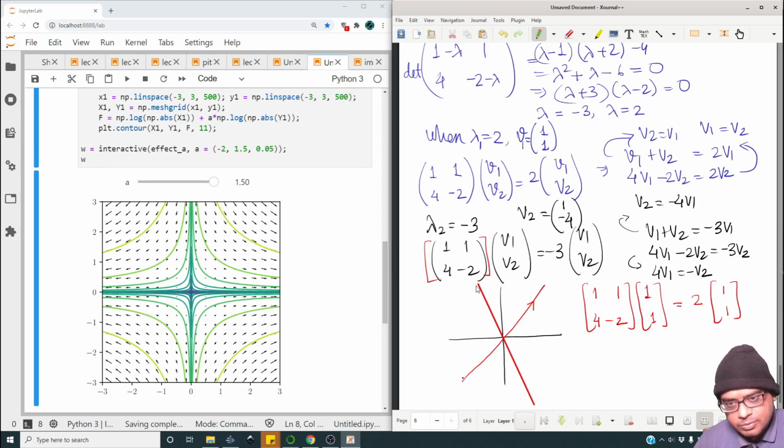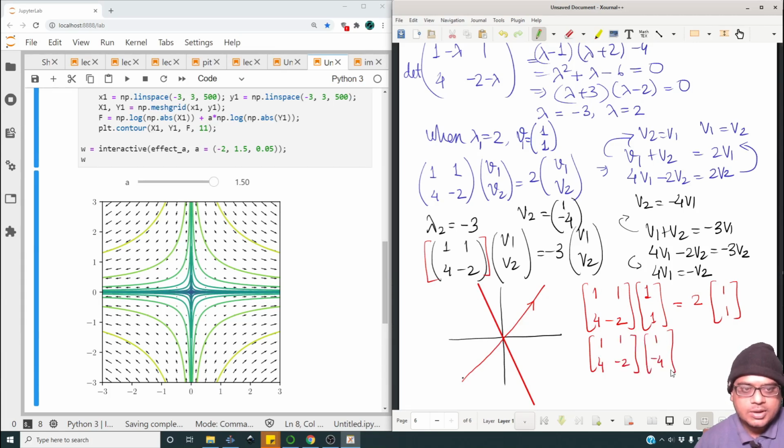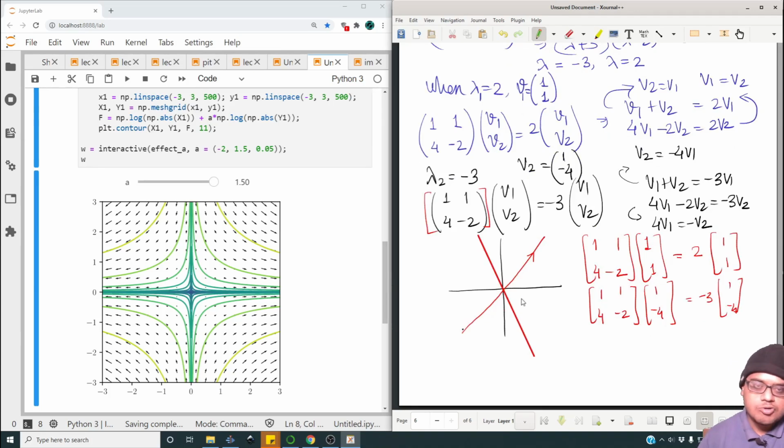Similarly, when it is applied on this direction, 1 4 1 minus 2 times 1 comma minus 4, it also leads to a scaling in that direction. So these directions are not altered by the action of this linear transformation.